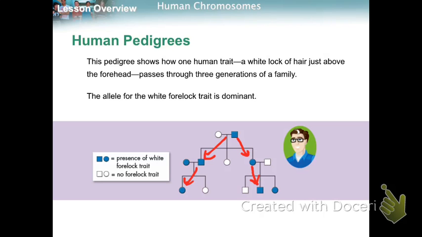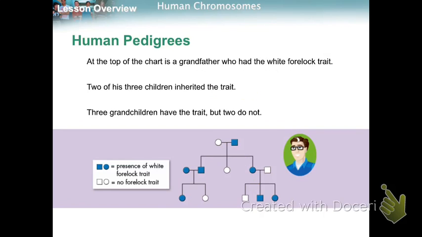That indicates that that trait is dominant. So, this is the grandfather. 2 of his 3 children inherited the trait, and then 3 grandchildren also inherited the trait.